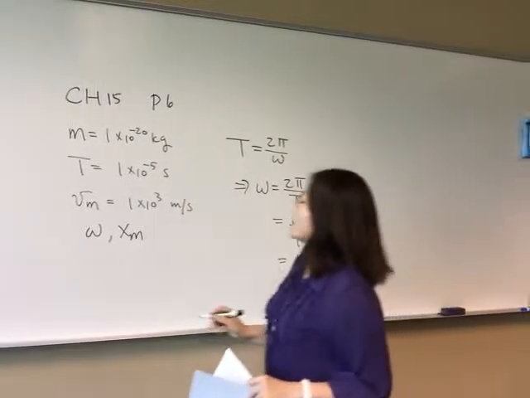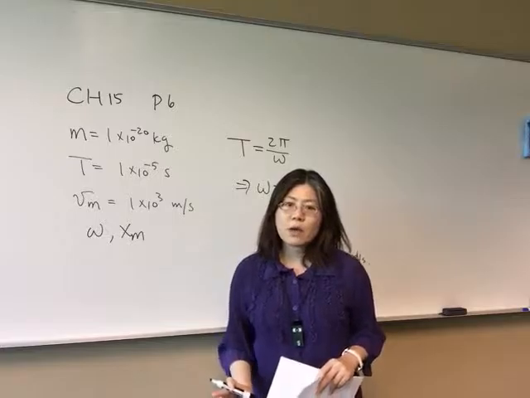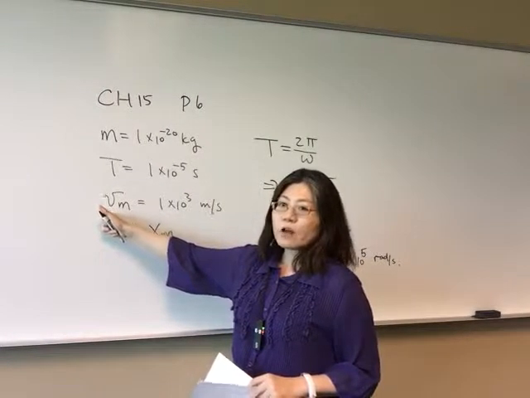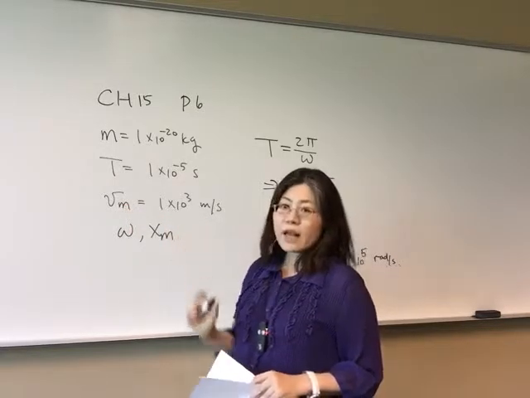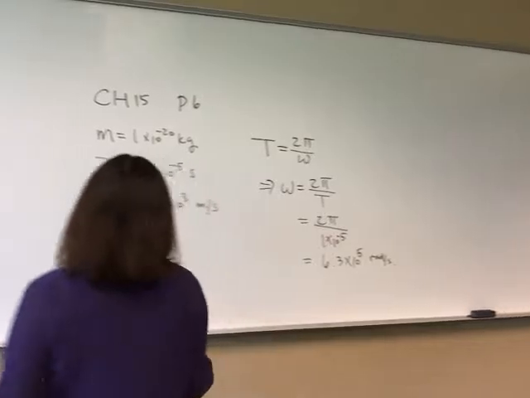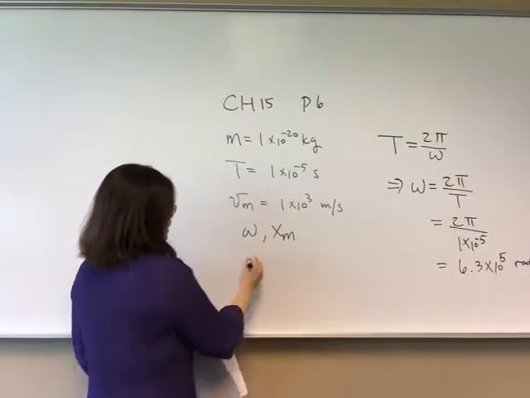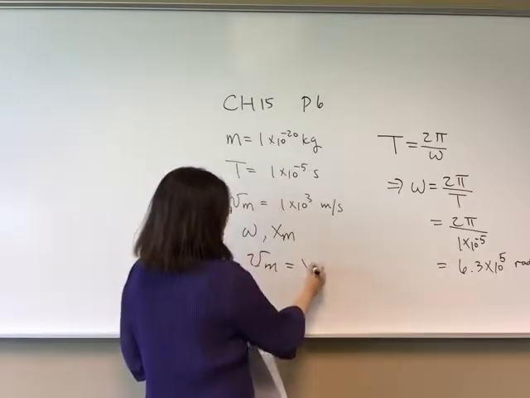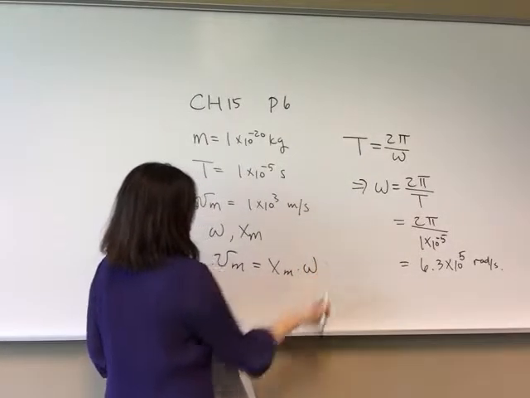Okay, and then you also find the maximum amplitude. Since the amplitudes of velocity and displacement are related, we can use this equation, which says that the velocity amplitude is equal to the displacement amplitude times the angular frequency.